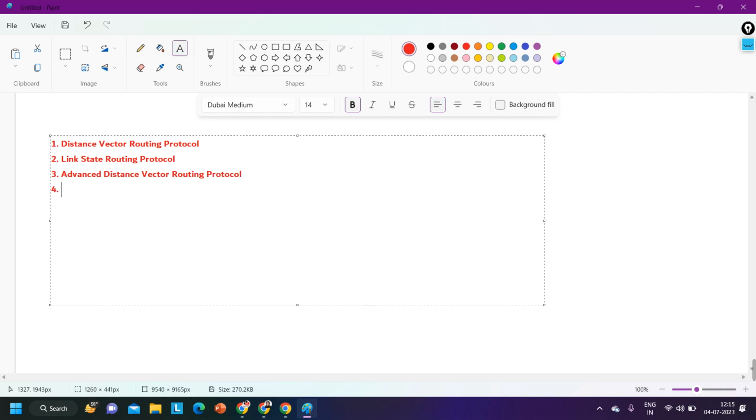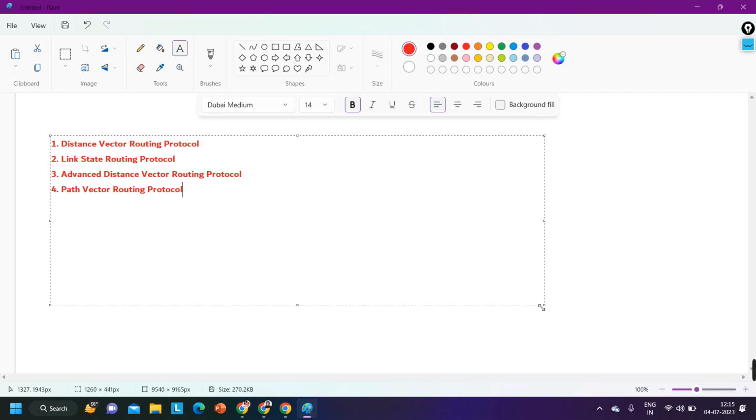And the fourth type of dynamic routing protocol is path vector routing protocol. So we have these four types of dynamic routing protocol.